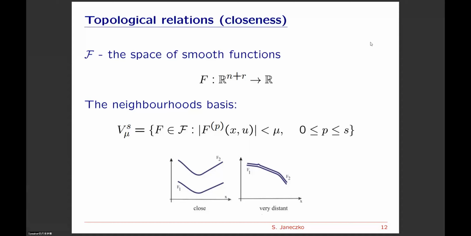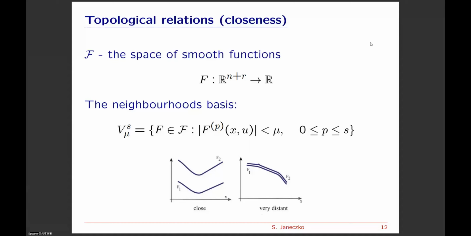Then you see that in this topology, these two graphs of functions are very close. But these ones are very, very far away. Why? Because you see here some bump.